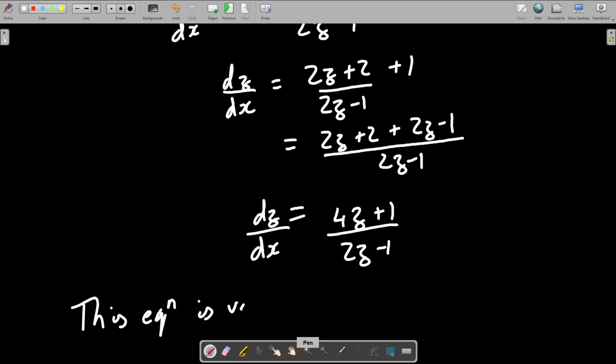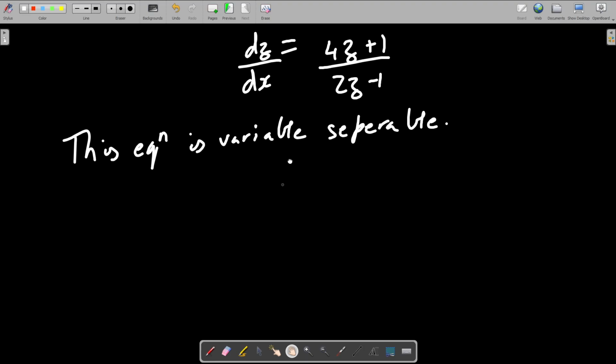This equation is variable separable. Four z plus 1 is equal to dx.